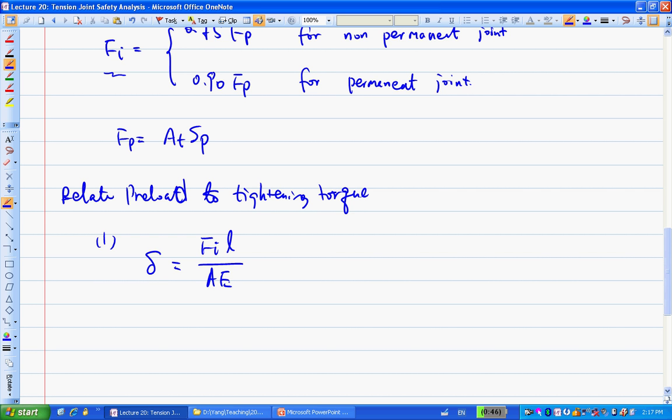So basically, you're trying to get exactly the Fi value. If I can measure the deflection caused by the Fi, then I will know precisely how much Fi has been applied to the bolt. So that's the nerdy way here.